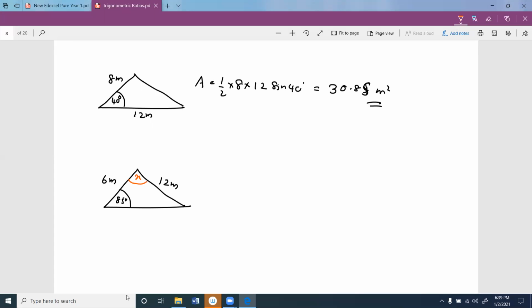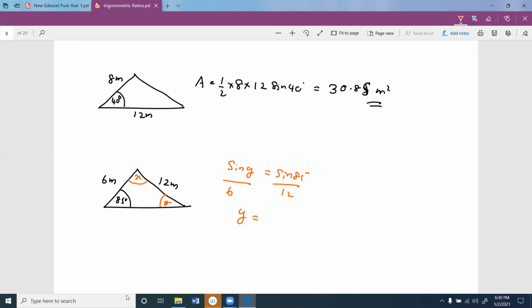But to find this angle, I don't know this side. Therefore, initially I try to find out this angle, which is much easier. Then you can put sine y over 6 is equal to sine 85 over 12. With that, you get the answer for y.